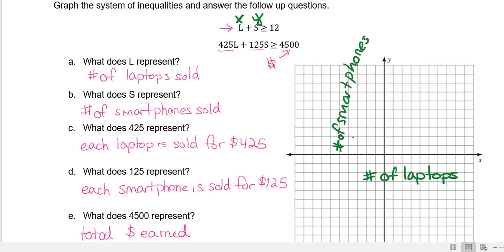Okay, and I'm leaving space because I am going to have to scale my axes. Now I don't have to get all the way up to 4,500 because I know this is standard form.